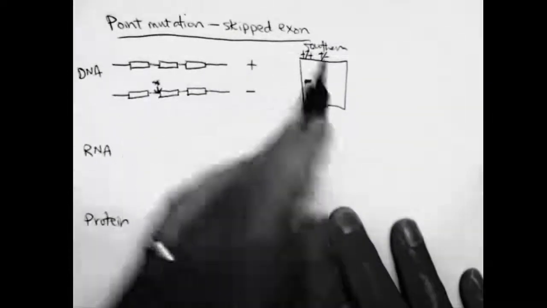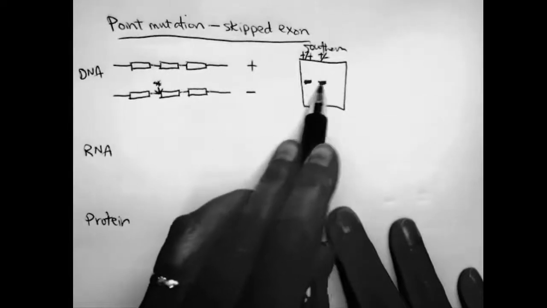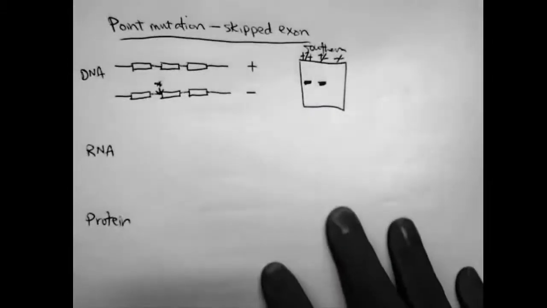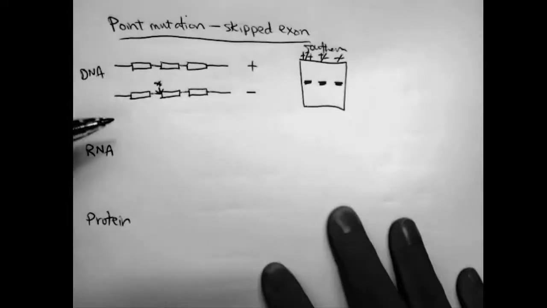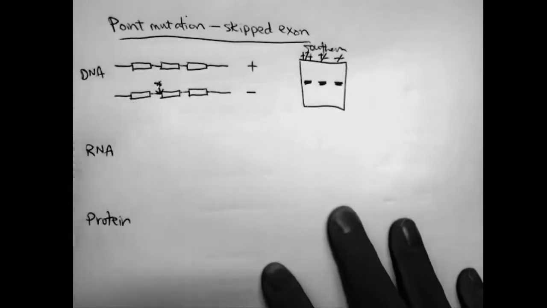Both the wild type and the mutant allele would be the same size as the wild type. And even if you had a homozygous mutant individual, that individual would also have a gene that was the same size because that mutation is simply a change from one base to a different base. It did not change the overall size.